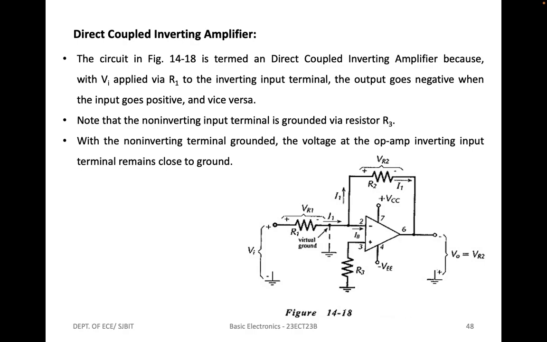Design of an inverting amplifier is very simple. Voltage divider current I1 is selected to be very much larger than the op-amp input bias current. Resistors R1 and R2 are calculated from the equations which we already discussed, and R3 is chosen to be approximately equal to R1 parallel R2.